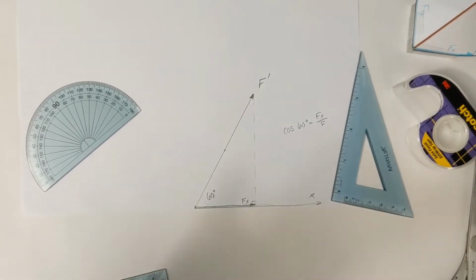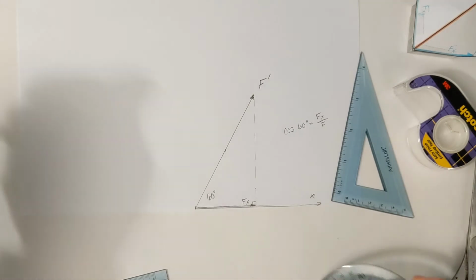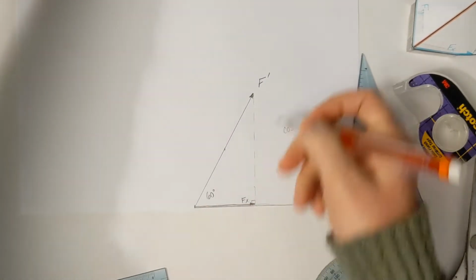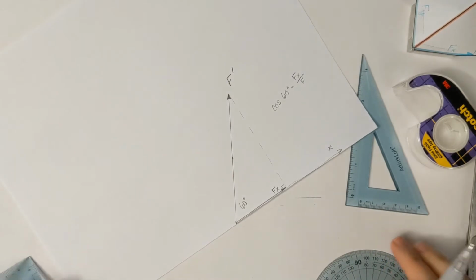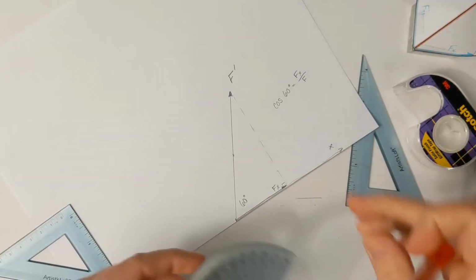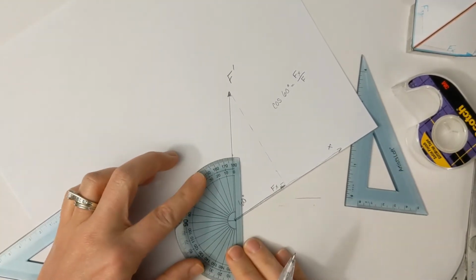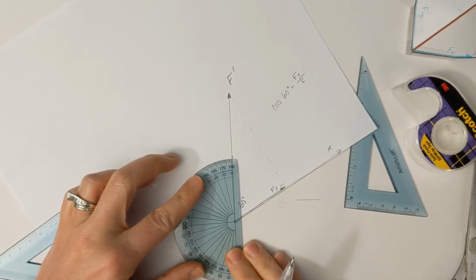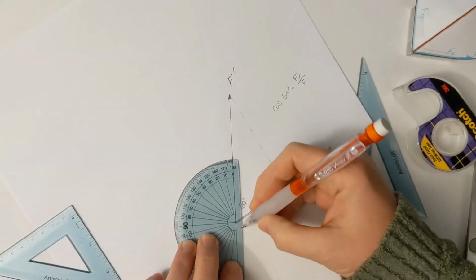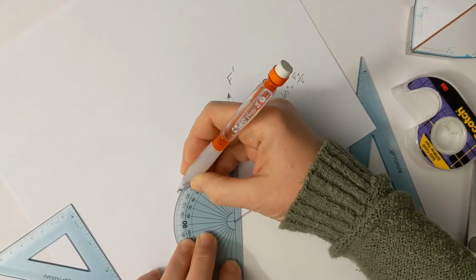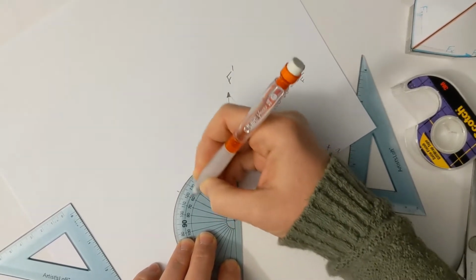Okay. Now, we're going to do the same thing for the y direction, but we already have the F vector. So now for our 60-degree angle from the F vector to the y-axis, we're going to mark off that 60-degree angle again from the same origin.